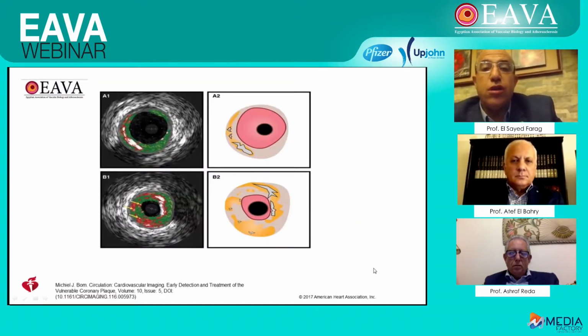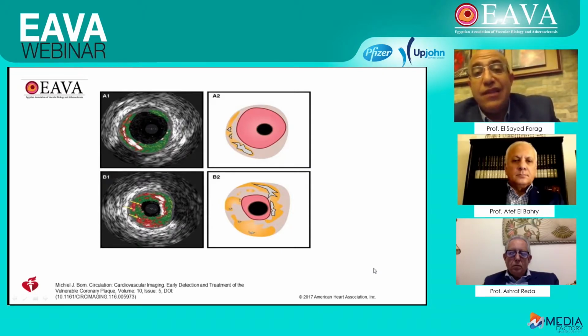With the invention in recent years of a lot of imaging modalities, we can detect the vulnerability and assess the plaque to put the patient in the proper risk category for proper management. By using the IVUS, we can detect the magnitude of the necrotic core. We can also know the thickness of the cap, because as we all know, we have two types of plaques: those with a thick cap, and those which are more vulnerable, with a thin cap.